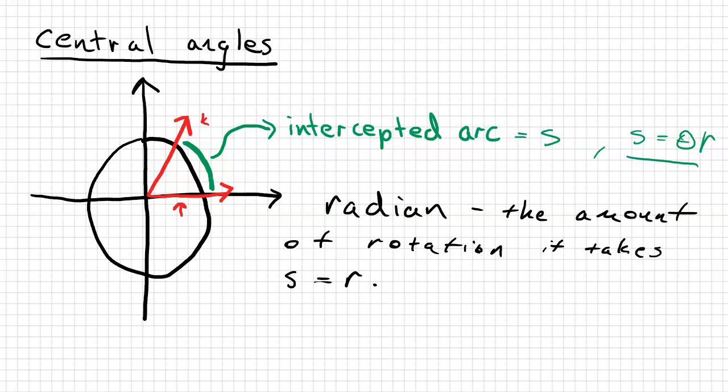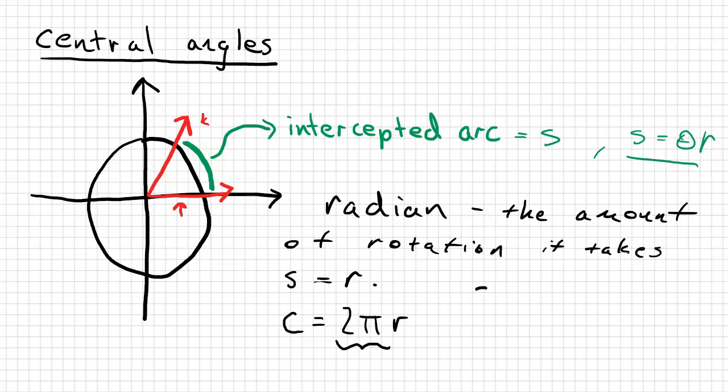When theta is 360, we've gone through the entire circle, and that means that s is equal to c, the circumference, which is 2 pi r. And looking at our s equals theta times r formula, we see that 2 pi is equal to 360. This is the amount of rotation that it takes to go the entire way around the circle. So that means that 2 pi is 360.